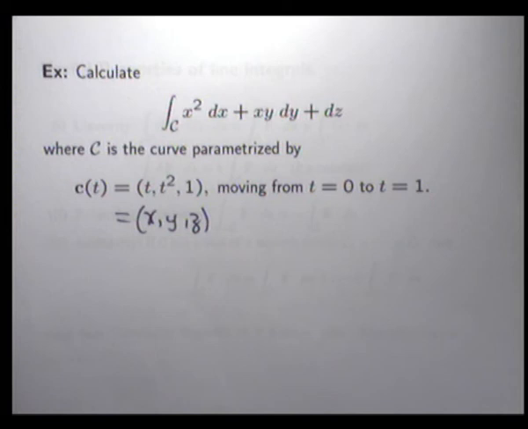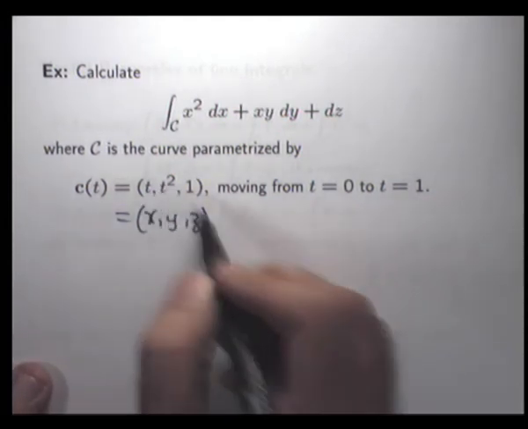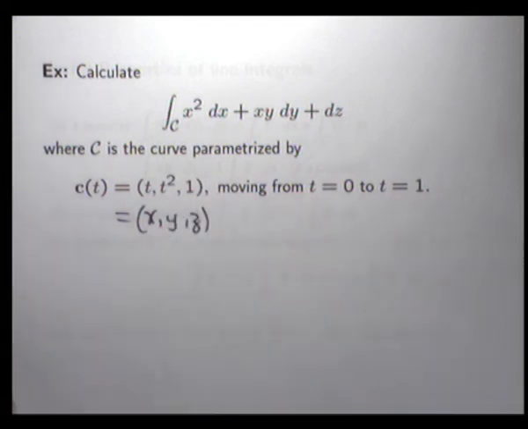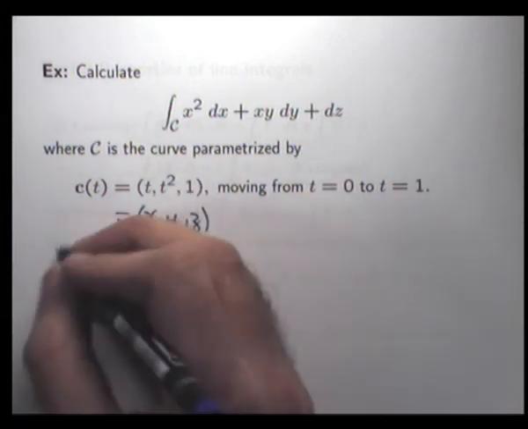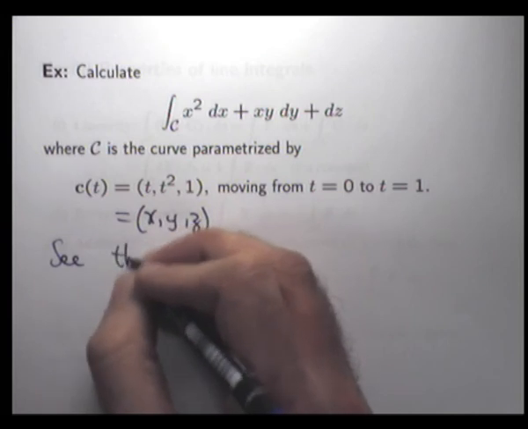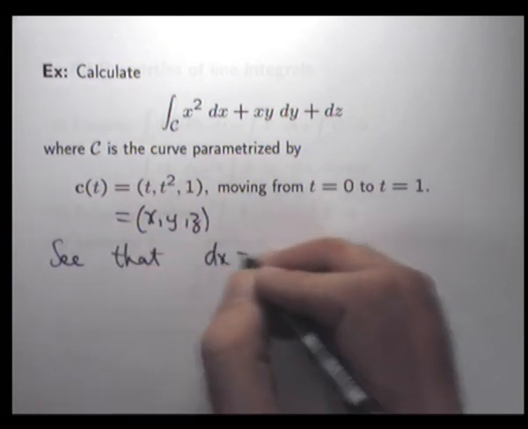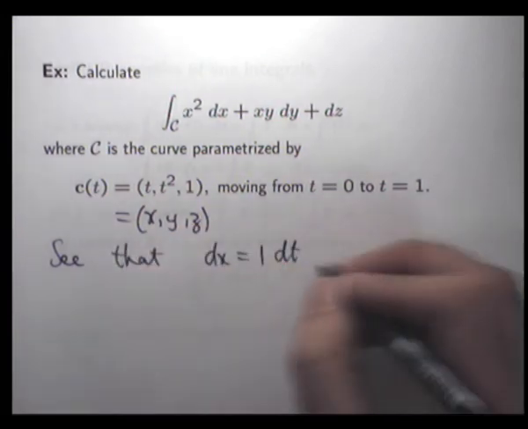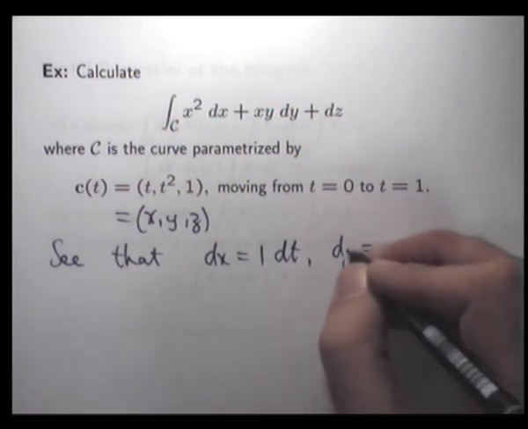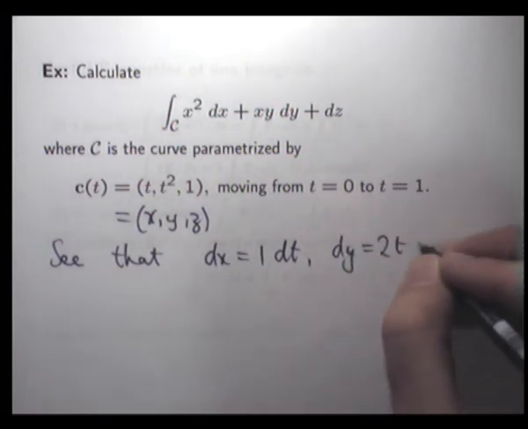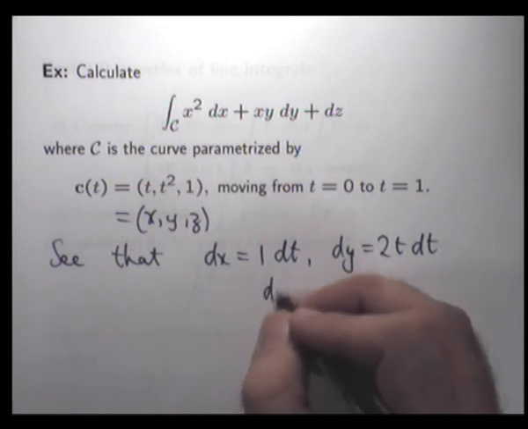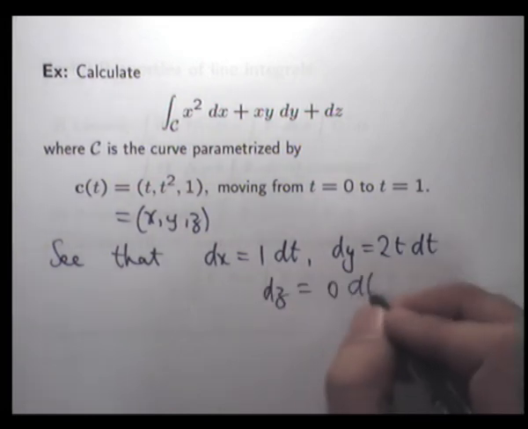Evaluate the vector field F along C of t, work out the differentials, substitute. Okay, so x equals t, y equals t squared, z equals 1 along our curve. So dx is going to be 1 dt, dy is going to be 2t dt, and dz is going to be 0 dt.